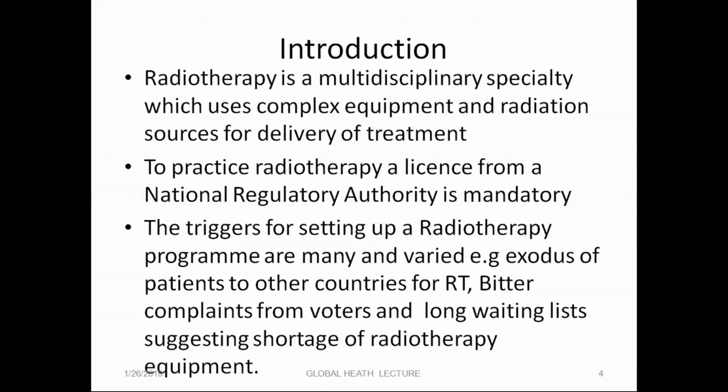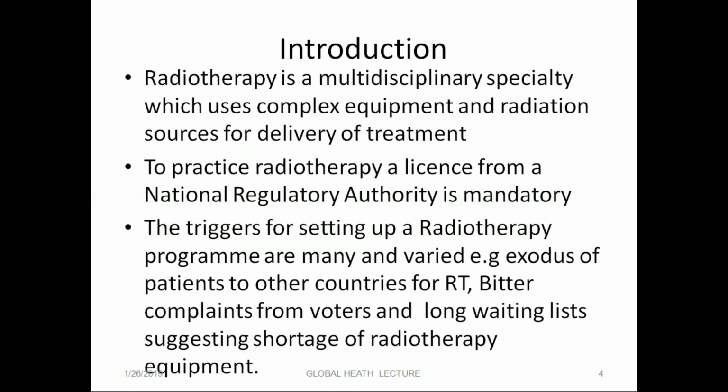Before one starts a radiotherapy practice and gets a license to practice radiotherapy, there are several aspects that are usually evaluated by the regulator, who wants to be sure that whoever has applied for a license is not going to use ionizing radiation and endanger the patients.